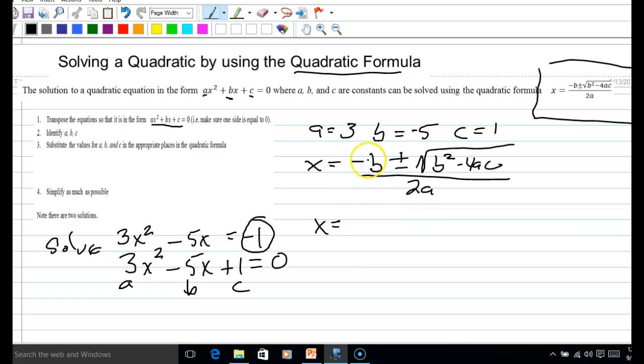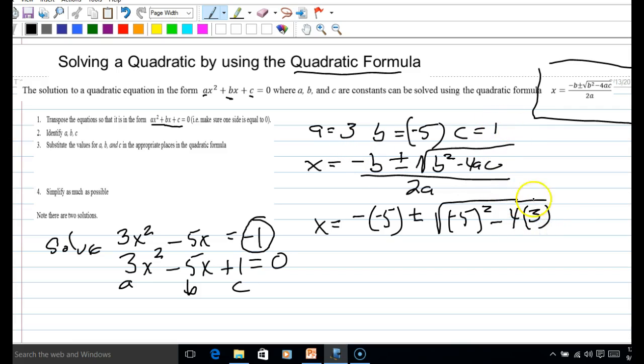Now be careful here, this is the opposite of B. B is a negative 5. So that's the opposite of negative 5. B is negative 5. Take the opposite of B. That is the opposite of negative 5 plus or minus the square root of B squared. So that's negative 5 squared minus 4 times A. A is 3 times C, which is 1.